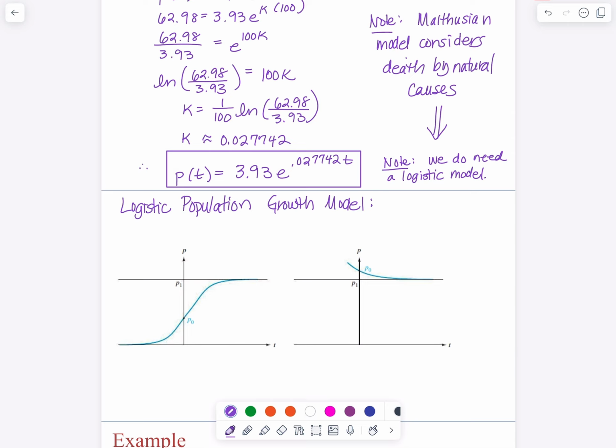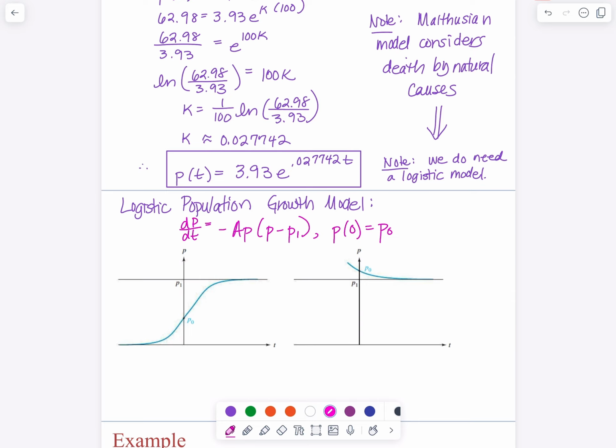And it looks like this: dP/dt is equal to the opposite of A multiplied by P. And we'll talk about what A is in a moment. P minus P1, and we'll go ahead and define these variables. And of course, our initial condition is that at time 0, the population is equal to P naught.